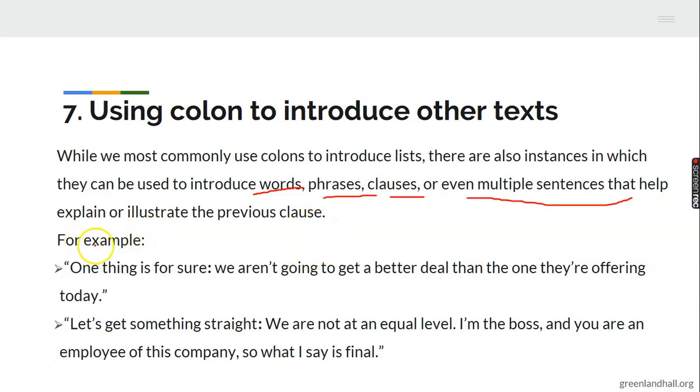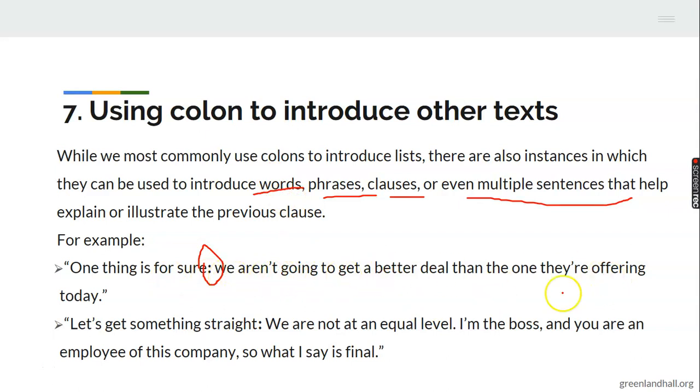What are we saying? Look at this example.